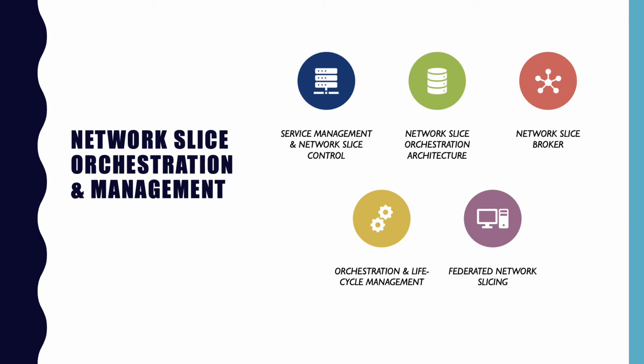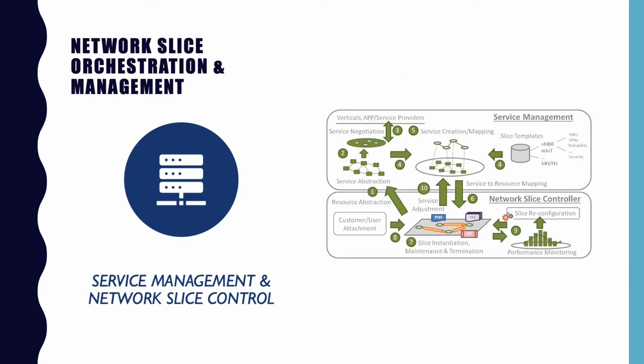Now we are going to take a look at the network slice orchestration and management. Service management and network slice control consist of, on the one hand, a service management layer that handles service operations like abstraction, negotiation, and service creation once a slice request is accepted.